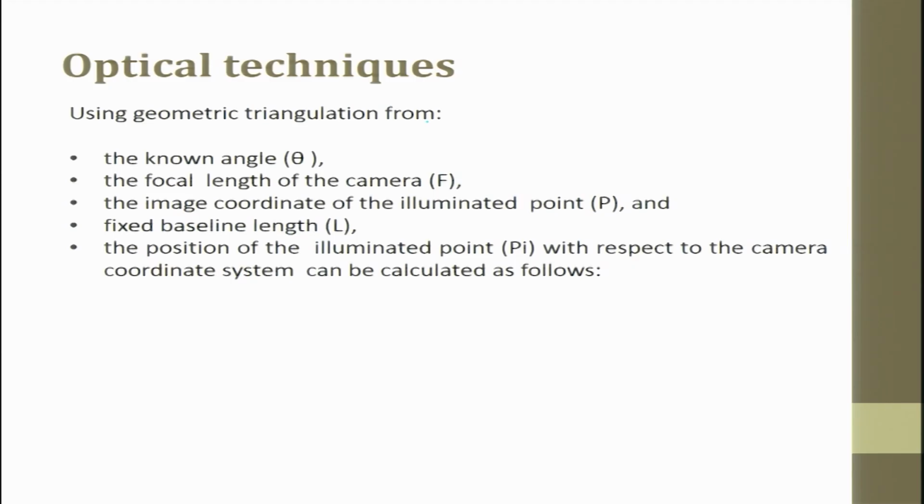Using the geometric triangulation form, we have the known angle theta, the focal length of the camera f, the image coordinate of the illuminated point P, and the fixed baseline L. The position of the illuminated point Pi with respect to the camera coordinate system can be calculated as Z equal to F L by P plus F tan theta, where x is equal to L minus Z tan theta.